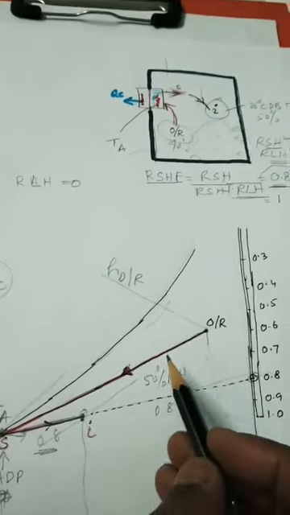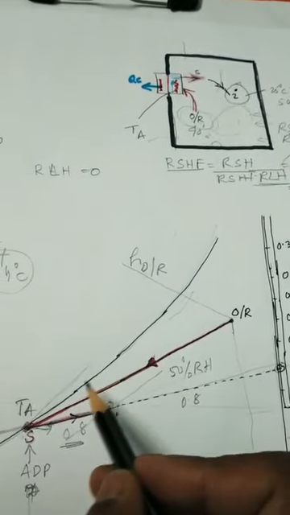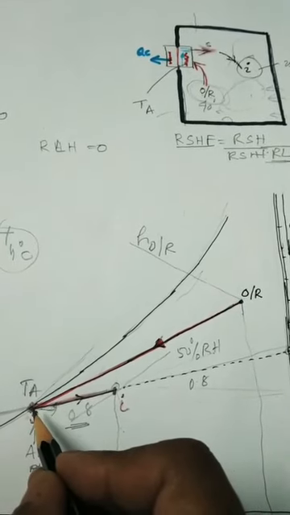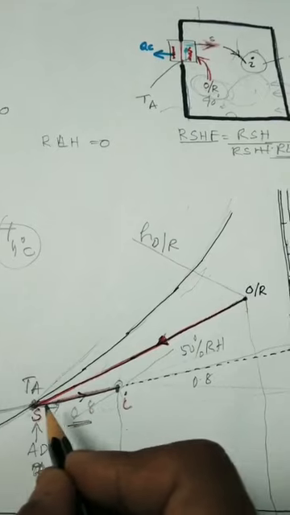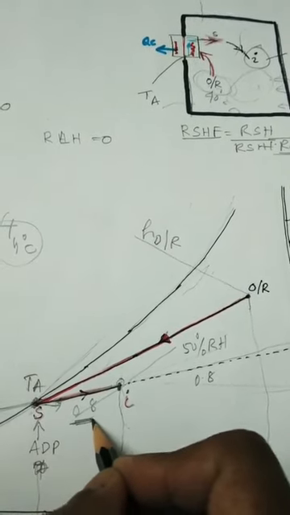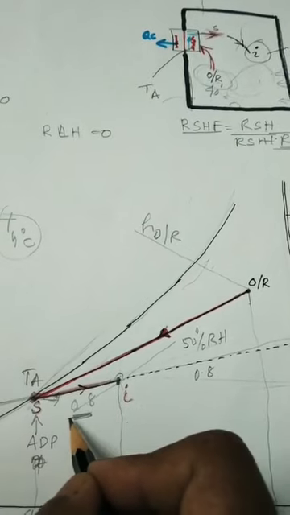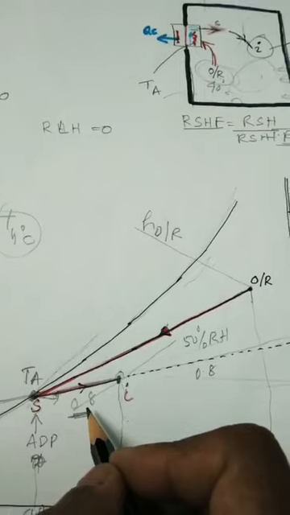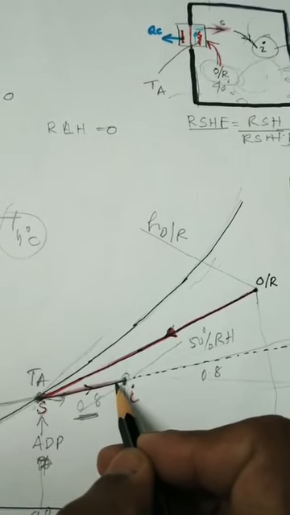Therefore, it may have come through a certain process route, but it will follow one particular route and one particular line only, which is the 0.8 room sensible heat factor line. This is the 0.8 room sensible heat factor value.